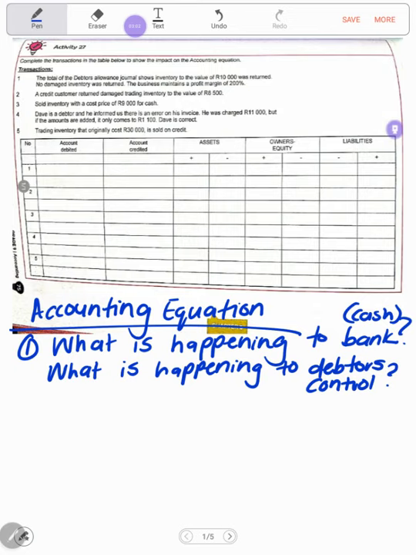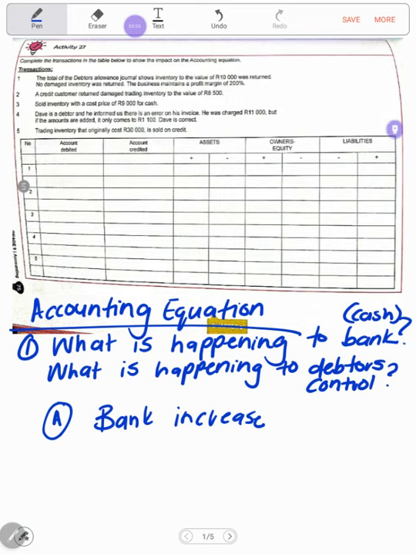They're actually giving us money, so our bank is increasing. And remember, bank is an asset. So what happens when an asset increases? We put it on the debit side. So that will be our account debit.